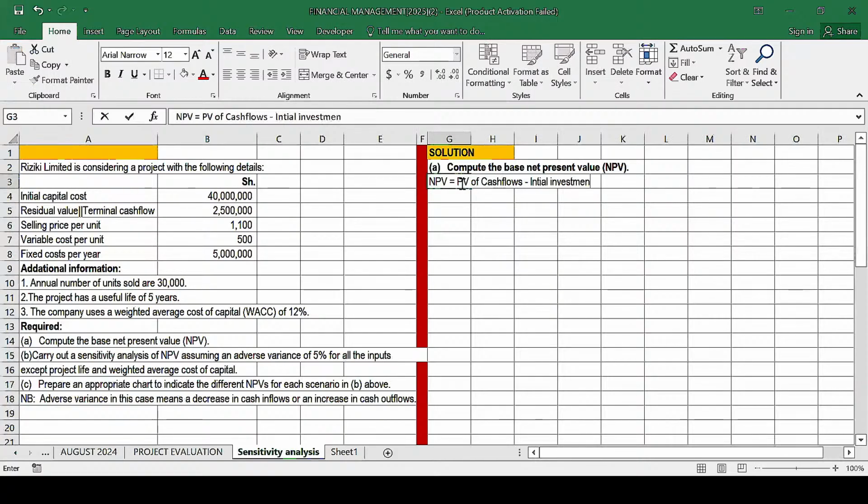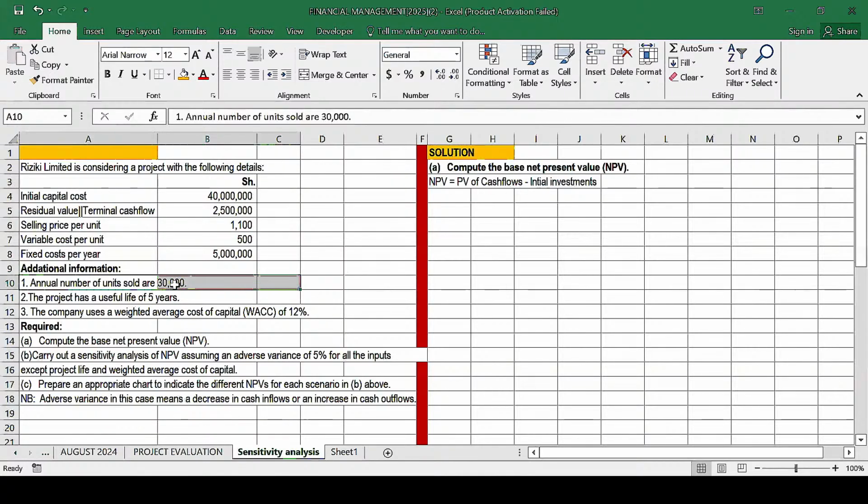Now, if you check on this particular question, unlike the other question which we did, where we were given the annual cash flows and also the terminal cash flows, here we are not given those cash flows. But in this question, we are told this company is intending to produce a certain product, and on an annual basis is targeting to sell 30,000 units.